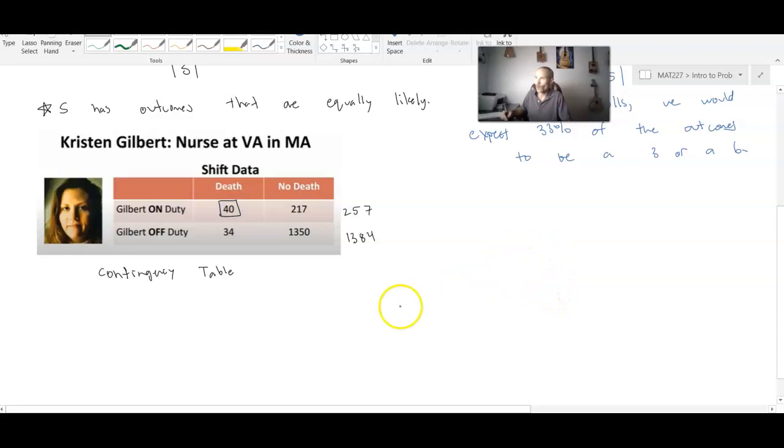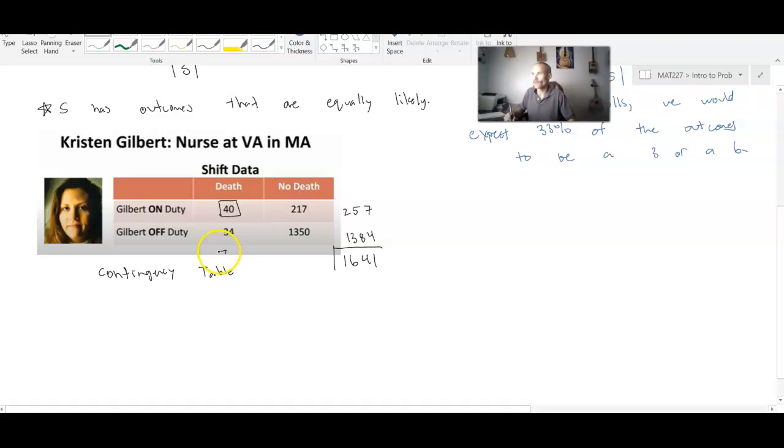If we wanted to know the probability of someone dying in general at this hospital during this time period, we would need some additional totals. In fact, we would need to know how many patients there were in total. If we add up all the patients in these 4 squares, we get 1,641, which is the same as adding these pairs of numbers first and then adding those totals together, as well as down here.